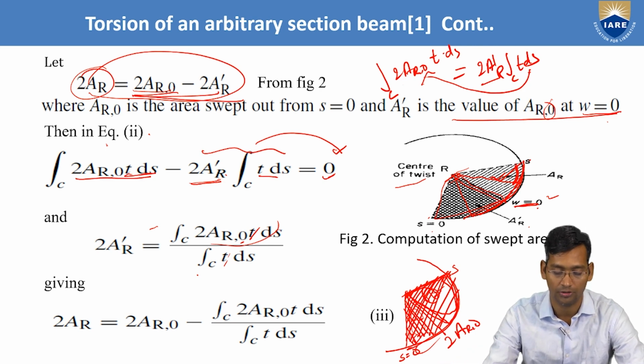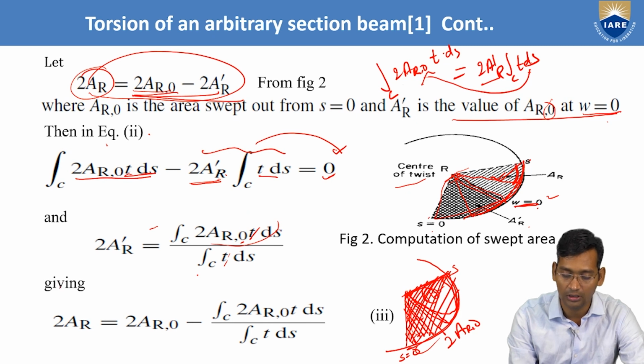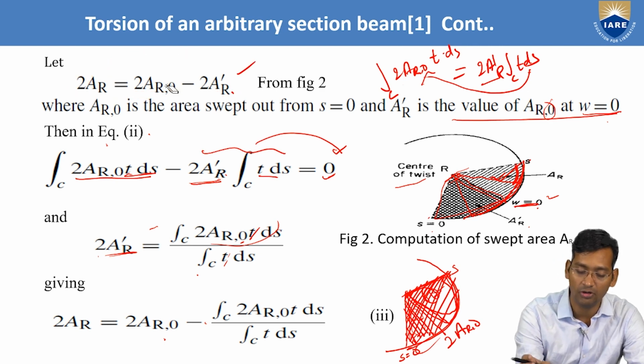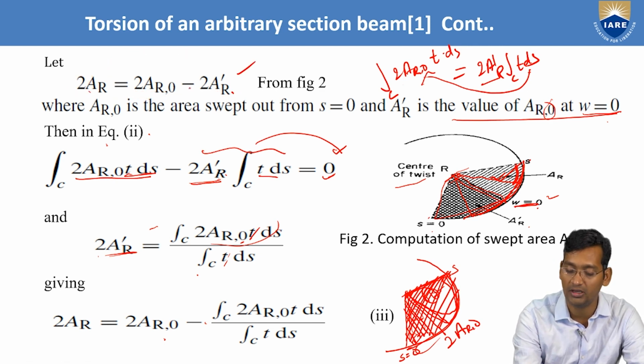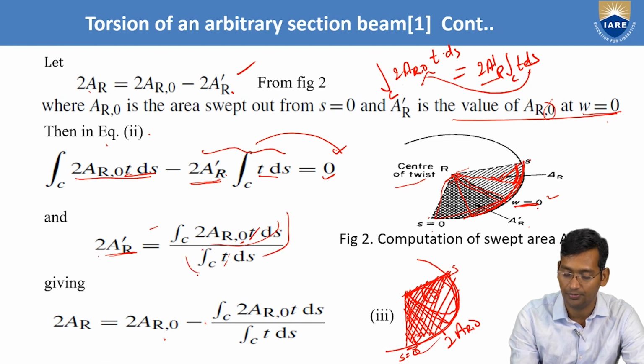No, that you cannot. Giving 2AR equals 2AR naught minus this one, because this is 2AR, right? Just substitute here. After getting 2AR dash, substitute in this equation. So after that, what you will get: 2AR equals 2AR naught minus this integral part, right?